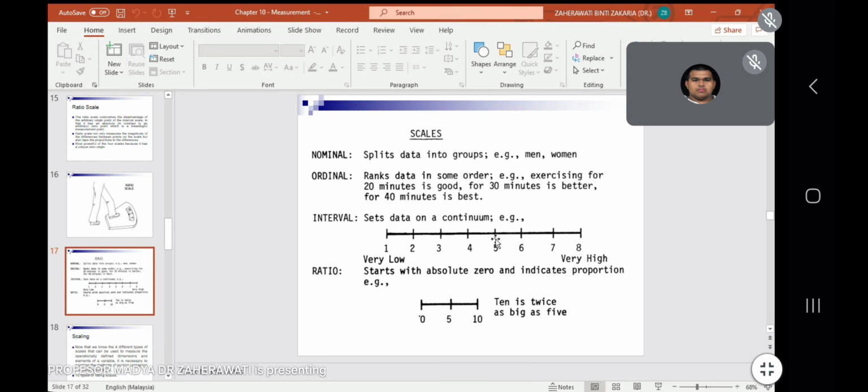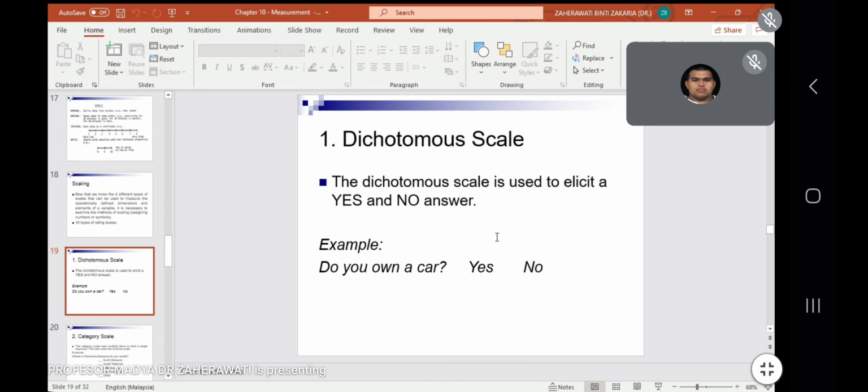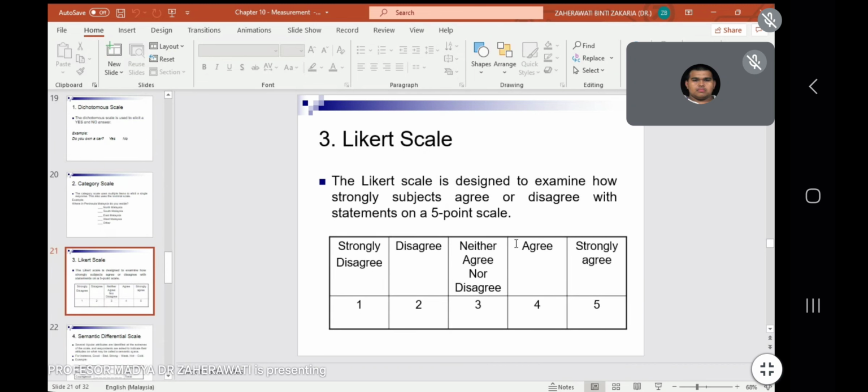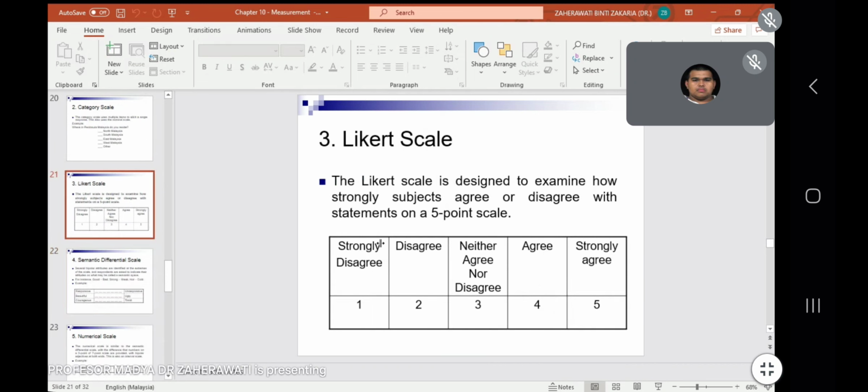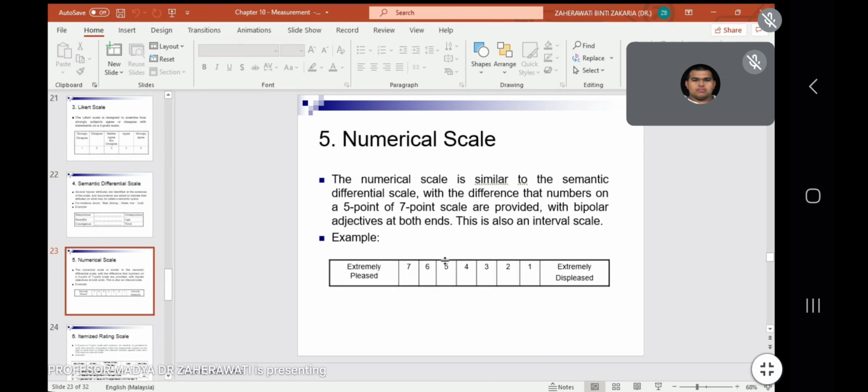If you want to choose only four, it means you remove normal or neutral, so it is 1, 2, 3, 4 only: totally dissatisfied, dissatisfied, satisfied, totally satisfied. This is the category scale. So you can see how it goes. The Likert scale represents the interval scale, interval value.